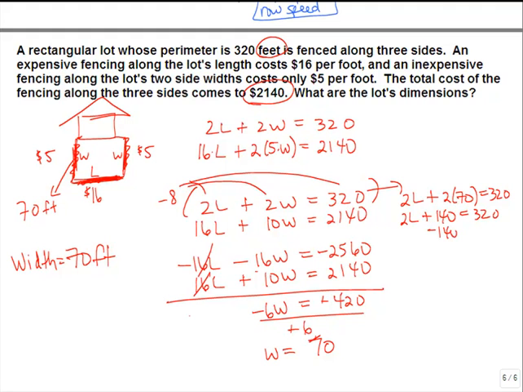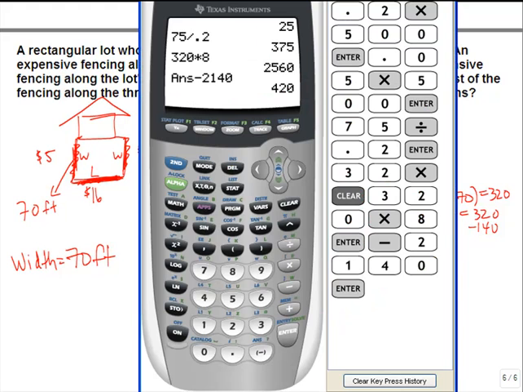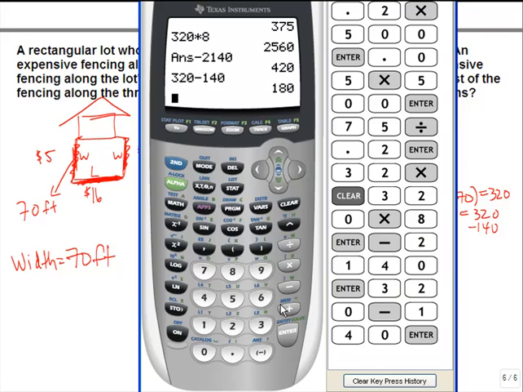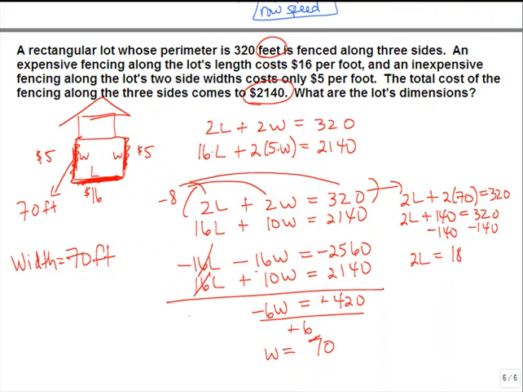Let's subtract 140 to the other side. And 320 minus 140 equals 180. So when I divide by 2, the length is 90. So L, the length, is 90 feet.